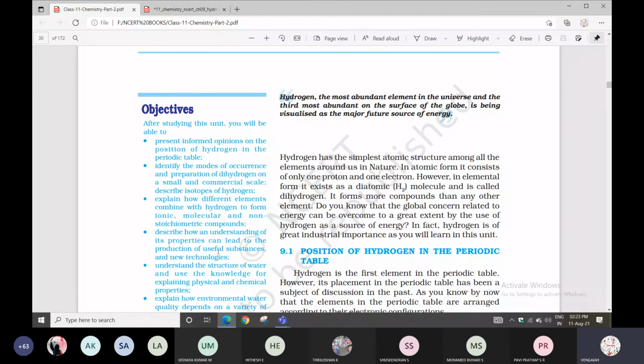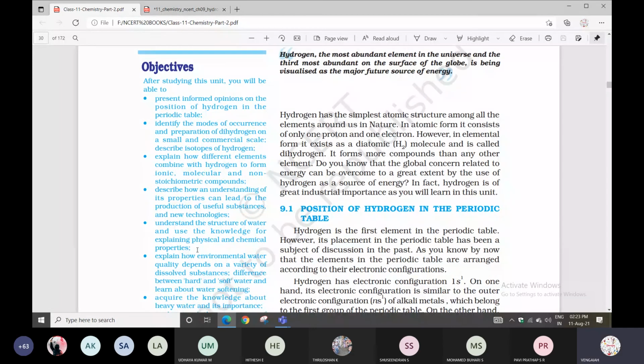Next one is describe how an understanding of its properties can lead to the production of usable substances and new technologies. Like understanding the structure of water and uses of the knowledge, like what I explained: the structure of water, gas formation and liquid formation also.